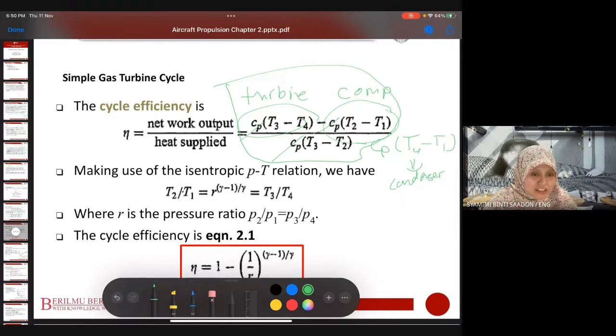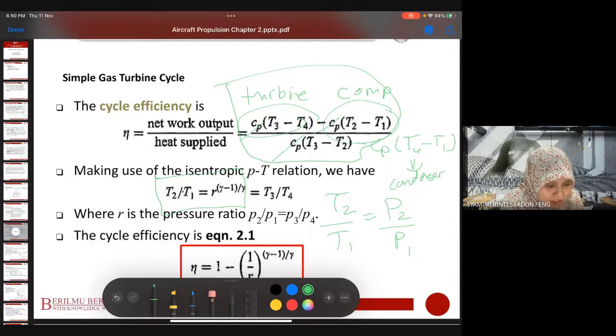This is also from the ideal gas assumption. So we can apply this: T2 over T1 equals R, for example P2 over P1, to the power of gamma minus 1 over gamma.